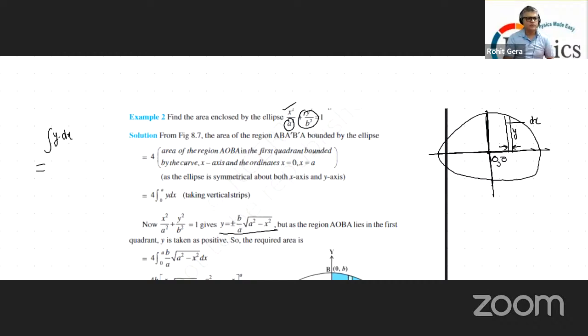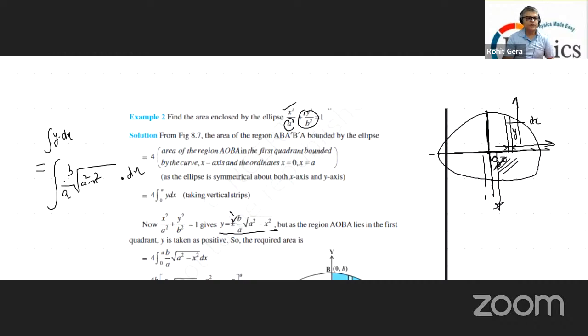You don't need to take plus minus, you can take plus because you're on the first quadrant upper side. You're not on the lower side, right? If you took this quadrant, then x is positive and y is negative. But you're taking the first quadrant where both are positive. So select positive only. So b by a under root of a square minus x square into dx.